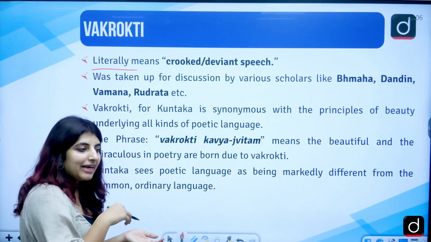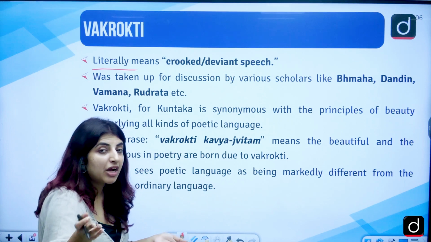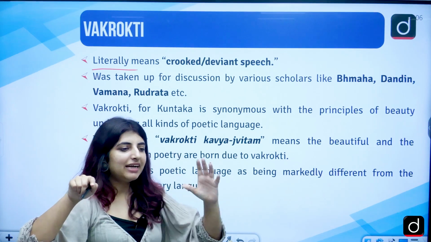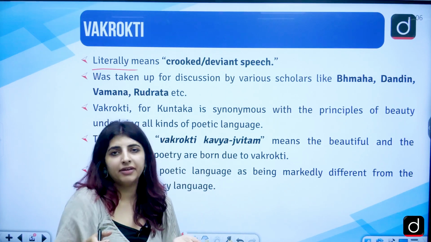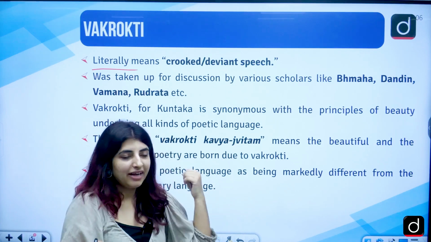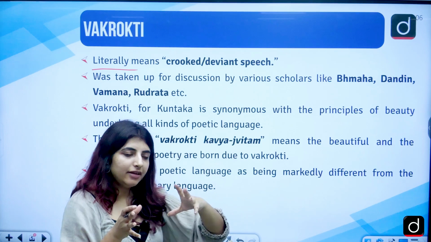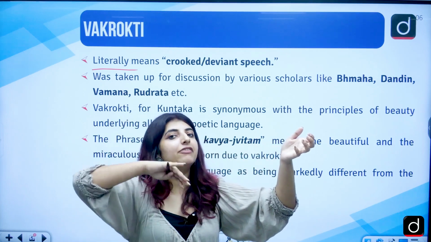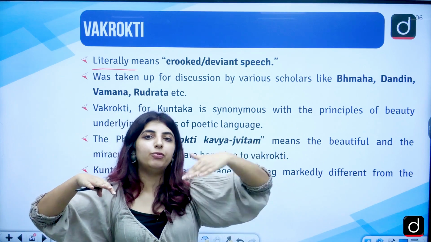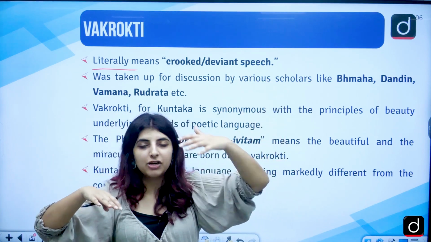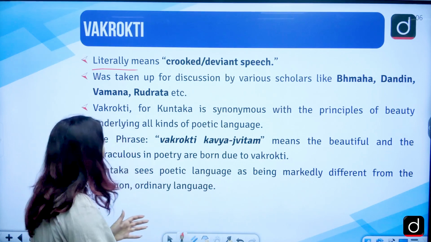Kuntak thought that, unlike Wordsworth, who said that the speech should be that of the common man, the language of poetry should be different from common rustic language, because the language of poetry is much more embellished and superior than common language.